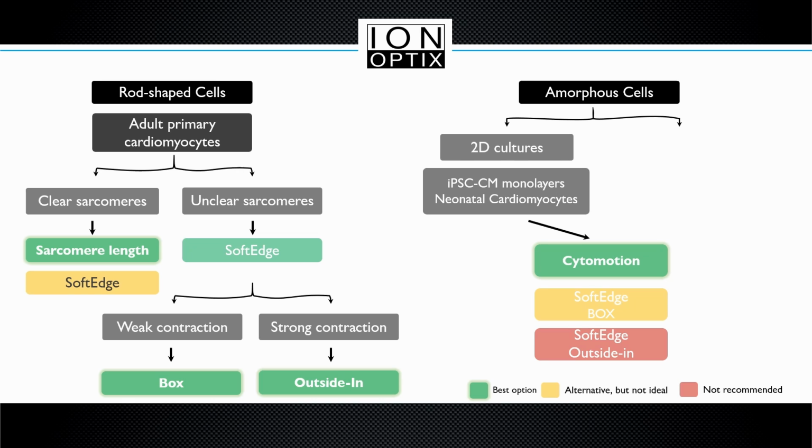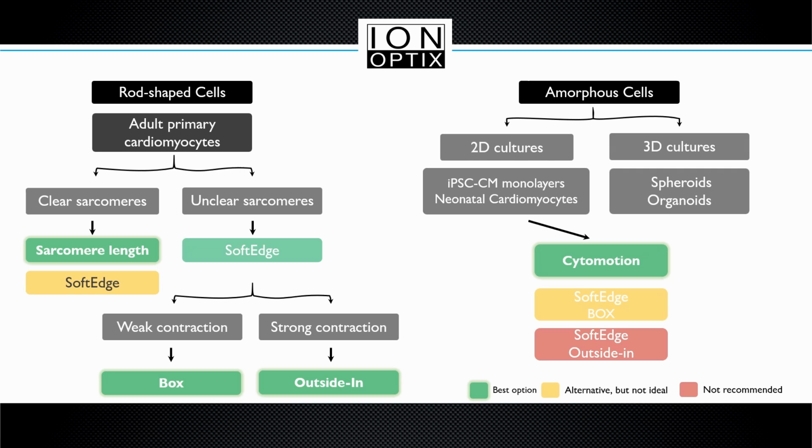Another option is EdgeBox; however, this is more challenging to use and will not capture your centers of contraction. If you work with 3D cultures, such as organoids and spheroids, we still recommend CytoMotion to capture centers of contraction and have more kinetic data, but using EdgeBox here is also valuable due to ease of edge detection and measuring its displacement in absolute values.